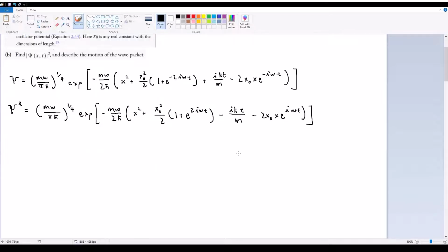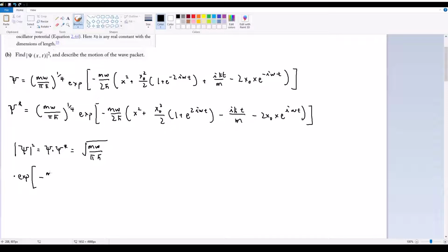So if we want to find the magnitude squared of this expression, this is equal to psi multiplied by psi star. This is going to give us the square root of m omega over pi h bar multiplied by, I'm going to write this on a new line, exp of, let's write this out fully.